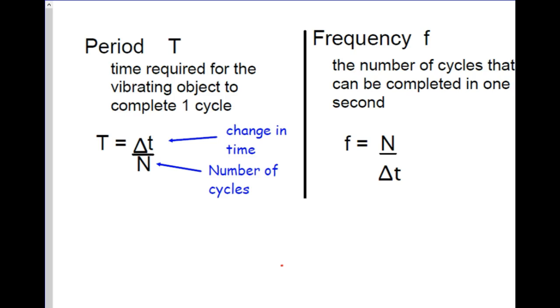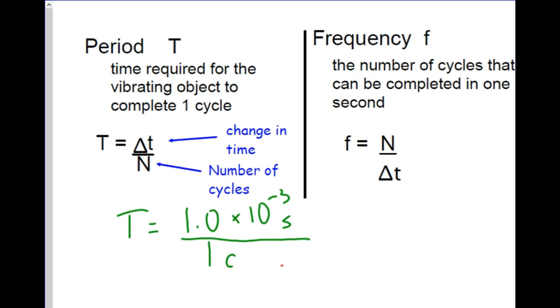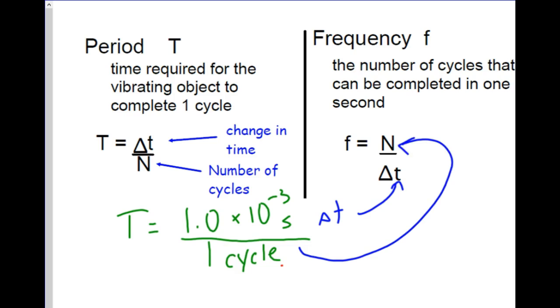It says that it has a period of 1.0 times 10 to the negative 3 seconds per 1 cycle. This is your time. This is your M. You're taking out and you're doing the same amount.